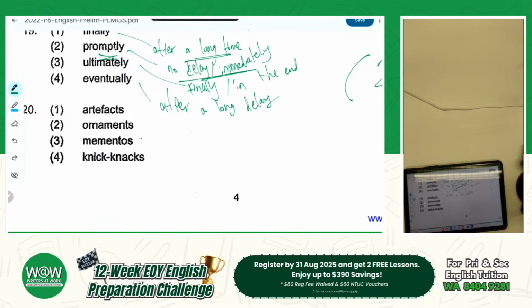So looking at the differences, artifacts here refer to objects with historical significance. For example, you're looking at the surrender document from World War II, historical significance. Ornaments here means a thing used to make something more attractive.